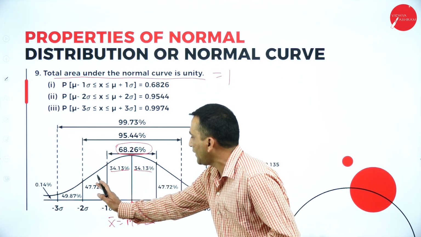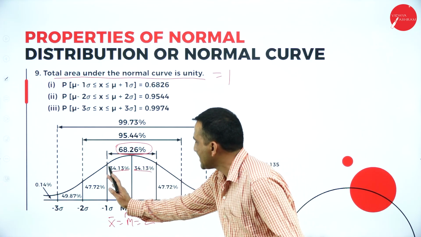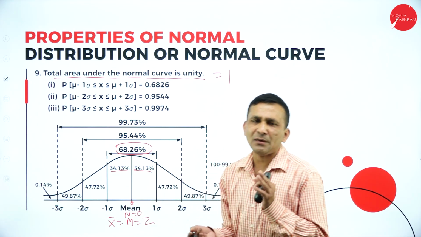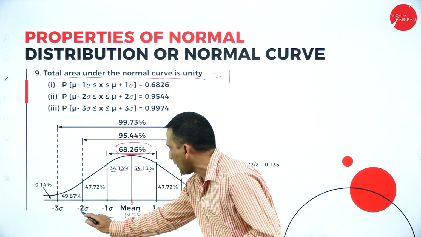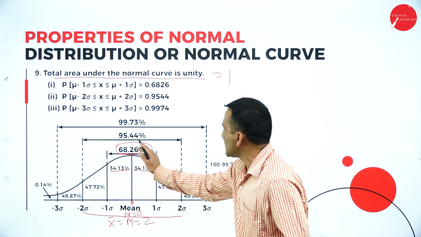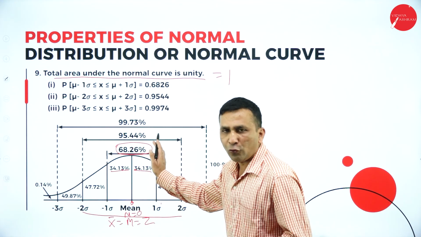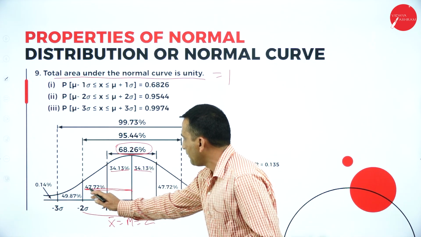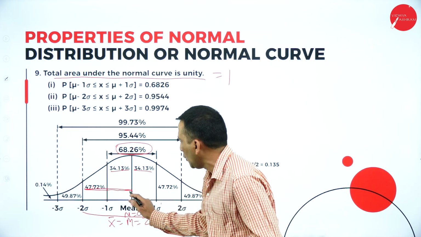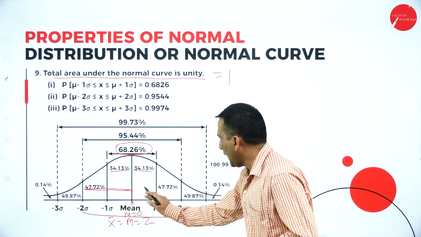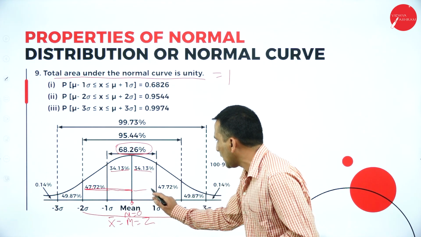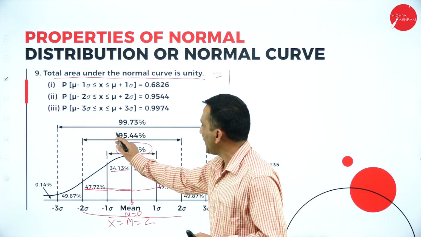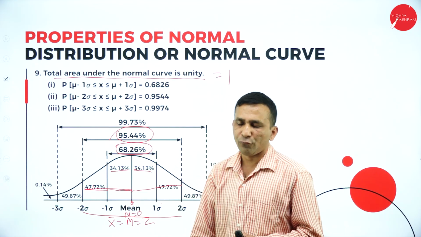For minus 2 to plus 2 standard deviations, the area covered is 95.44%, equally divided: 47.72% from the left side till 0 and 47.72% on the right side. Adding both together gives 95.44%.